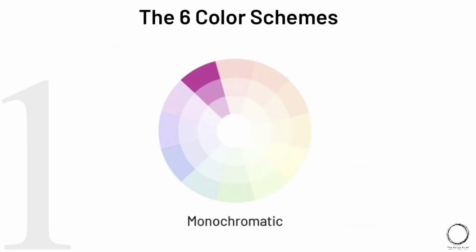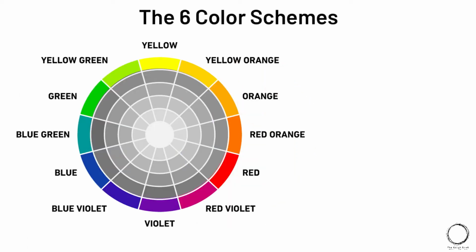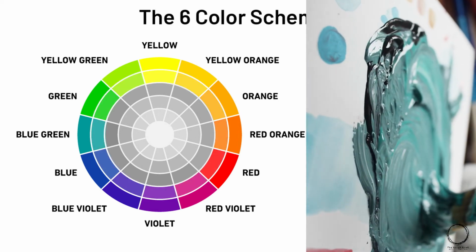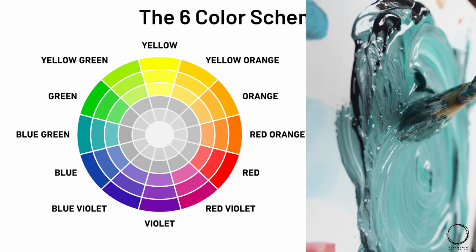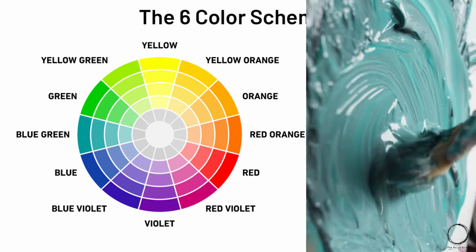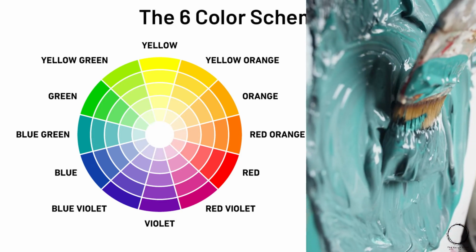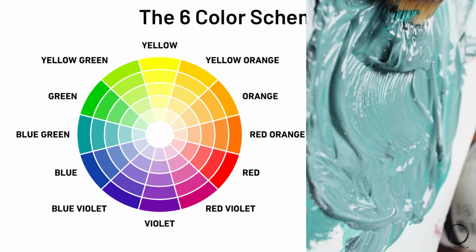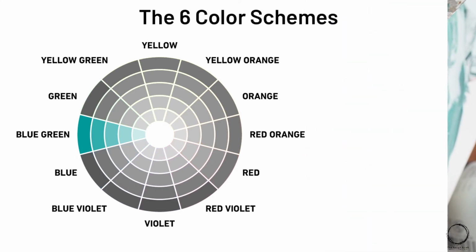Starting with the first one, that is monochromatic. This is the simplest color scheme because it uses a single hue from the color wheel. Let's take the example of paints and simply add the color white to any one color in the color wheel. An addition of white or grey or black in different intensities leading to different shades of color are the monochromatic shades of that specific color.